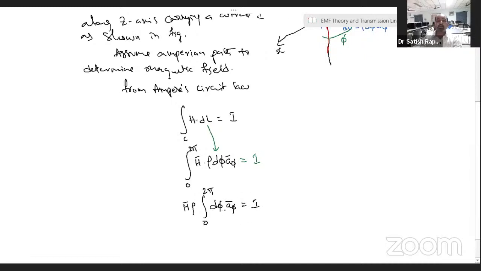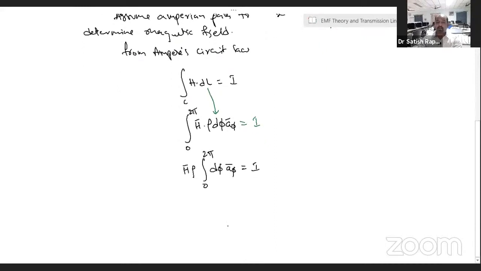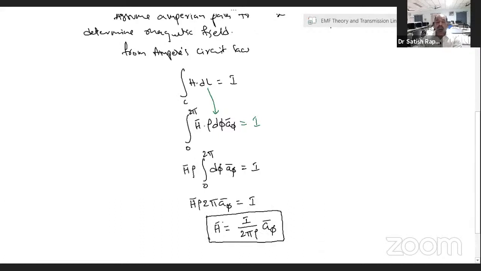So what is the integral of d phi? It is phi, so substitute the phi limits. H phi times rho into 2 pi a phi bar is equal to I. Therefore H bar is equal to I by 2 pi rho a phi bar.